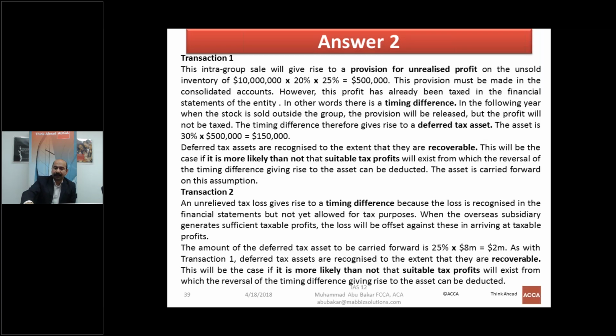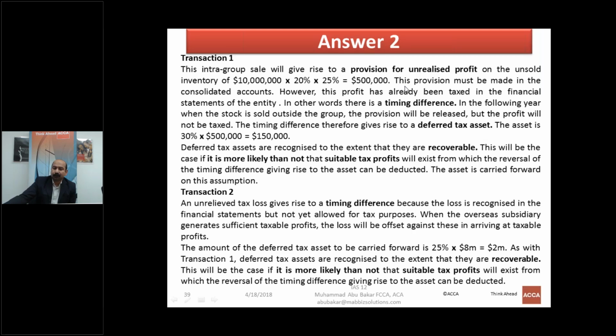Because if you just go back, you can calculate, like it is given over here, 25% of this inventory is still in stock, and profit was on selling price. So when you apply this 25% on this figure, this will give you the inventory lying in your stock, and when you apply this 20%, this will give you the profit on this stock.